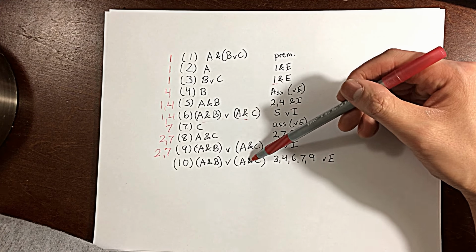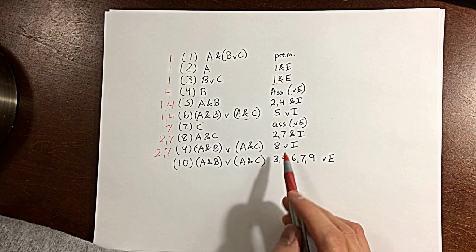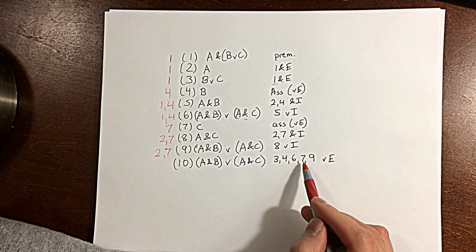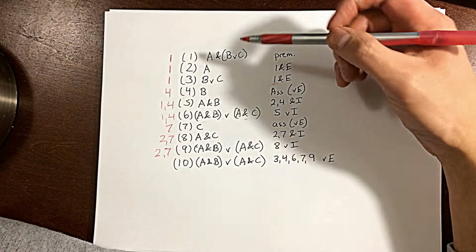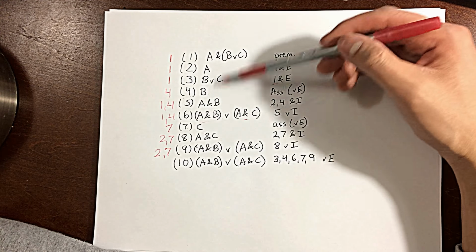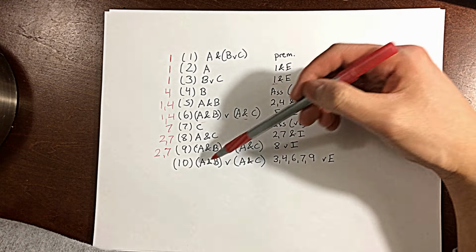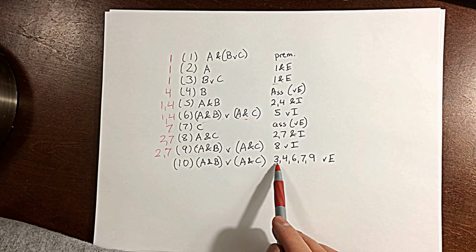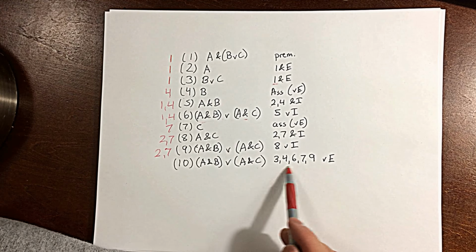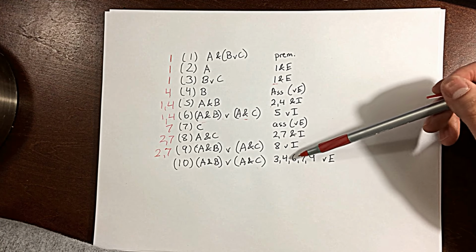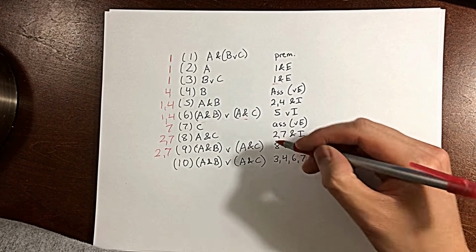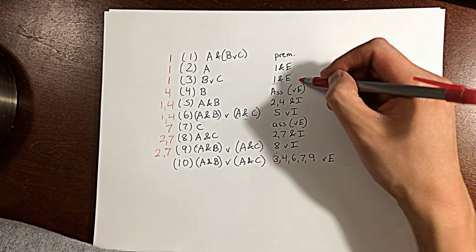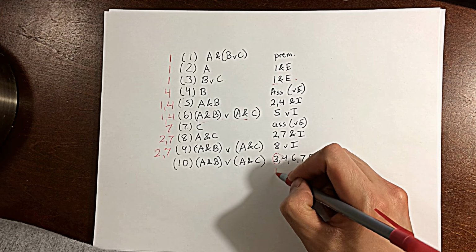Okay, lastly, the last formula comes from lines 3, 4, 6, 7, and 9. So normally, like what we were doing before, we would calculate the dependency of this formula by looking at the lines from which it came. So on line 3, right, that depended on 1.